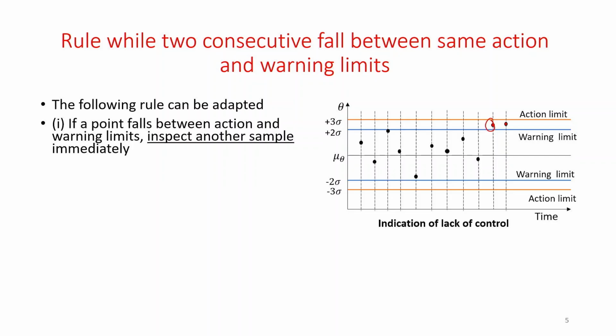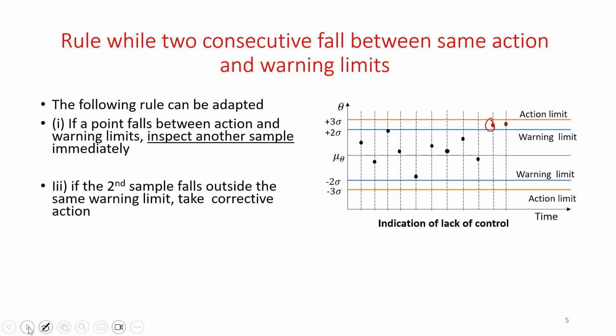Inspect another sample immediately. So you go for another. If the second sample falls outside the same warning limit, this is my first sample, and this is my second sample. The second sample also has fallen. Take corrective actions.